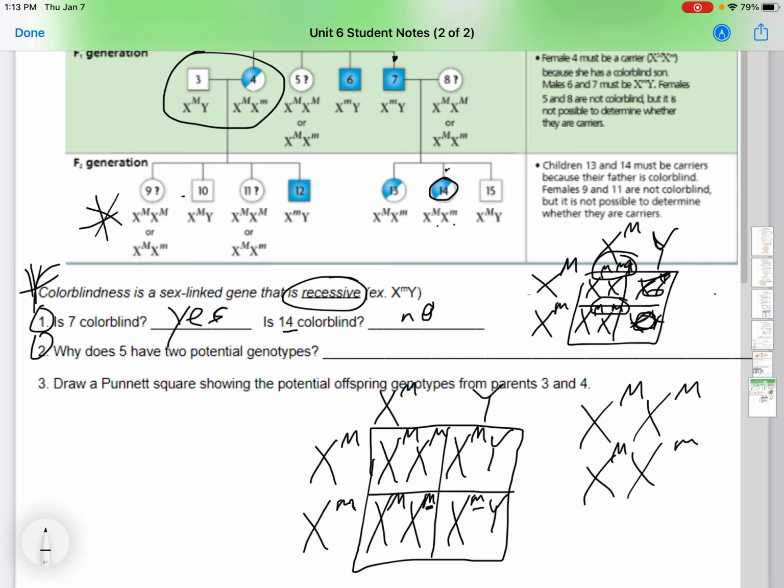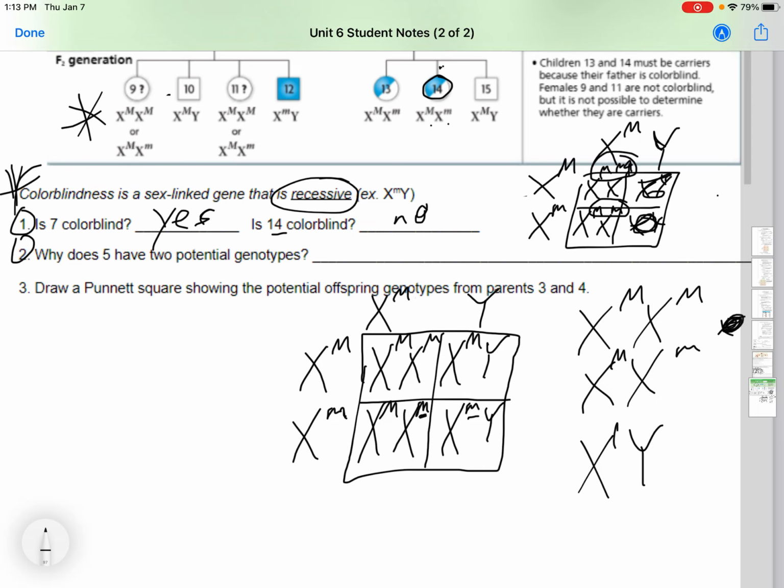Okay, so this would be a carrier, correct? But she does not have color blindness. And so then we have our males, okay, and this one, big M, would not have it. So none of these would have color blindness.